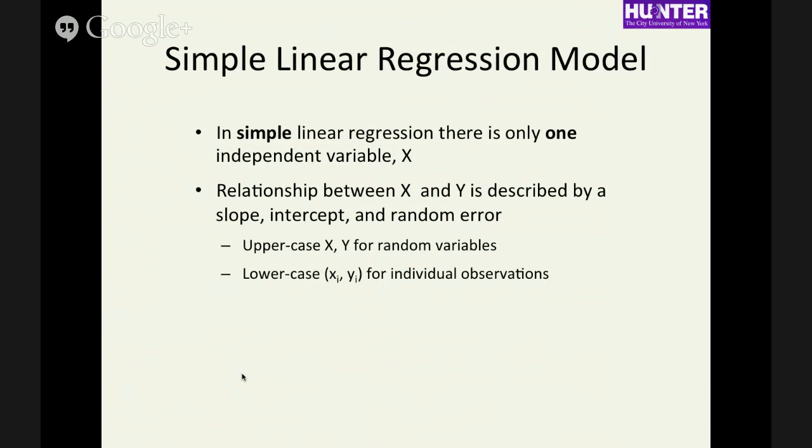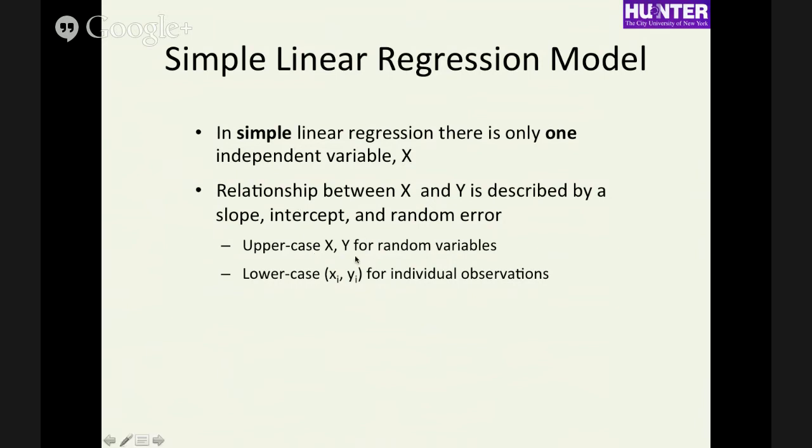So we only have two variables, and the relationship between them is going to be described by the slope, which has to do with the association, the intercept, which is the starting point of the dependent variable, and then there's random error, which we also call residuals. So you've got your predictable part of the relationship and the unpredictable part.